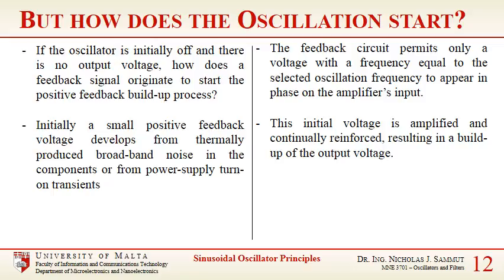However, sometimes you may also try to induce it with a pulse, for example a startup pulse in your circuit. Also note that the feedback circuit permits only a voltage with a frequency equal to the selected oscillation frequency to appear in phase at the amplifier's input. So even so, your noise would need to include many frequencies. Normally, white noise is ideal for this situation. The initial voltage is amplified and continually reinforced, resulting in a build-up of the output voltage.